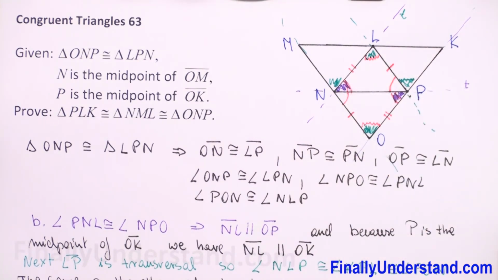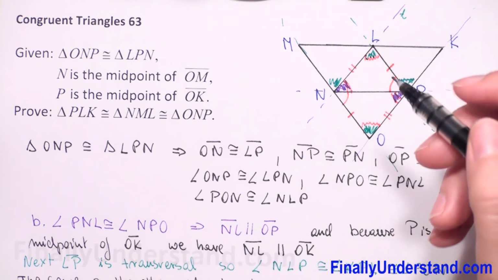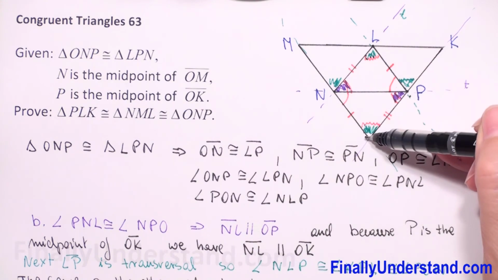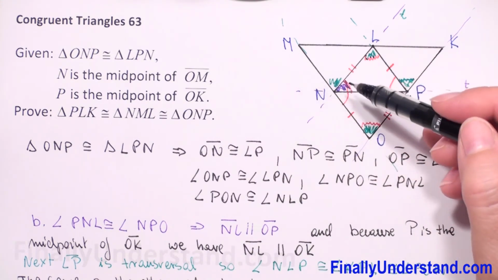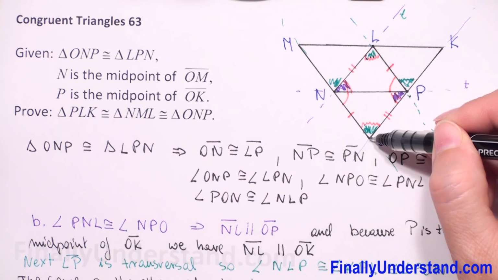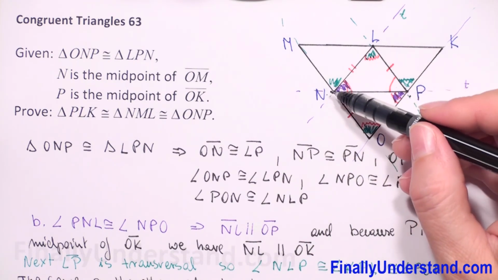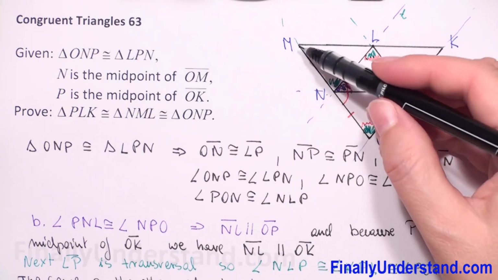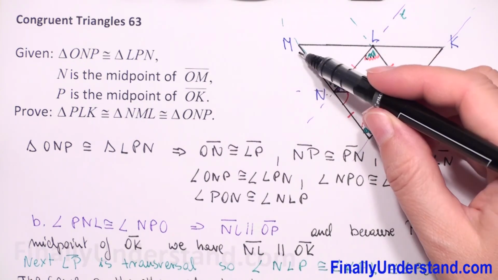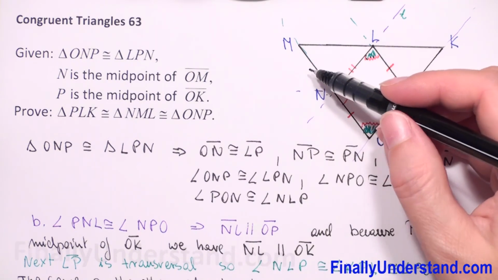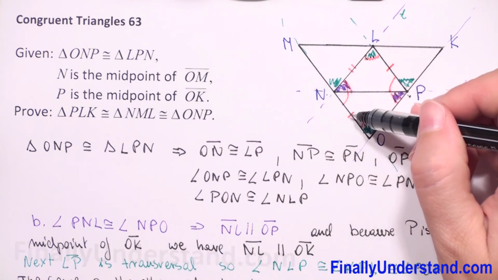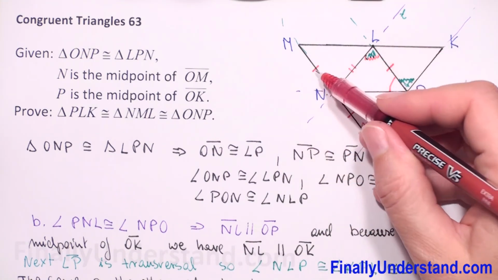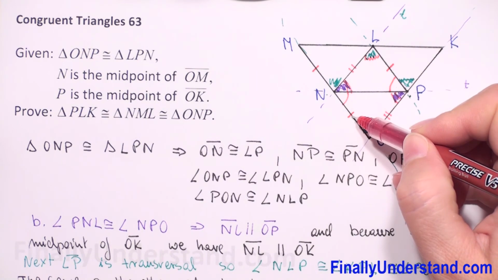What else? Because we are given that N is the midpoint of OM, it means that the distance between O and N is the same as between MN or NM. It doesn't matter how we put the side. MN is equal to NO. So we can mark here in red. These two sides are congruent.